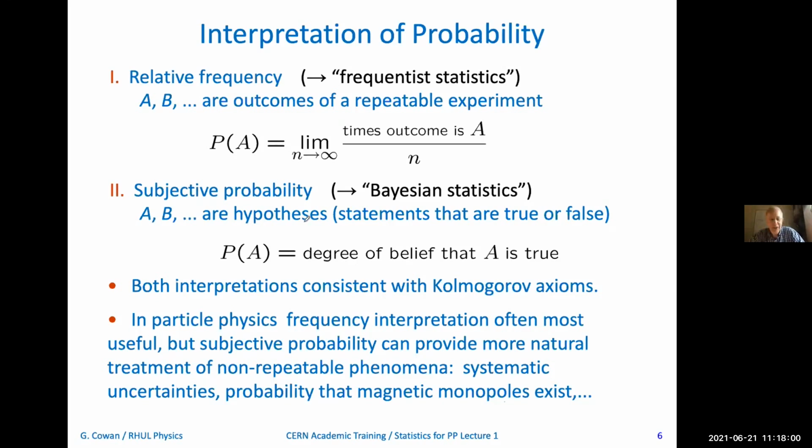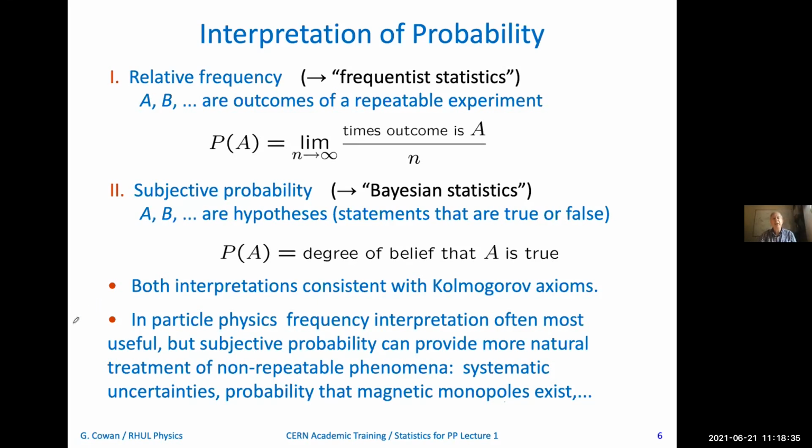Strictly speaking, I should say propositions. But these are statements that are true or false. And I can interpret the probability simply as the degree of belief that this hypothesis is true. And if you set up a set of hypotheses such that by construction one is true and the rest are false, you can make this perfectly consistent with the Kolmogorov axioms, as is, of course, the frequentist interpretation. So both interpretations are consistent with the Kolmogorov axioms.